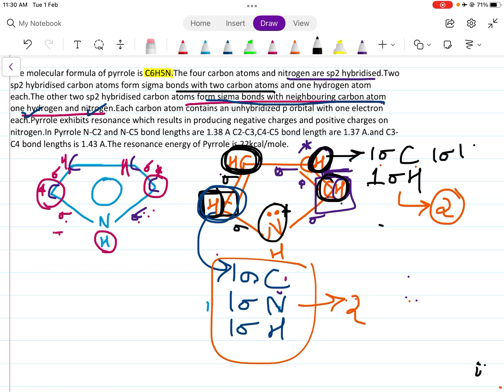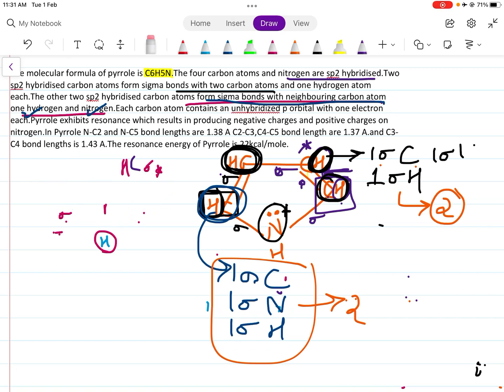In case of pyrrole, the N-C2 and N-C5 bonds. Okay, I will draw it again.